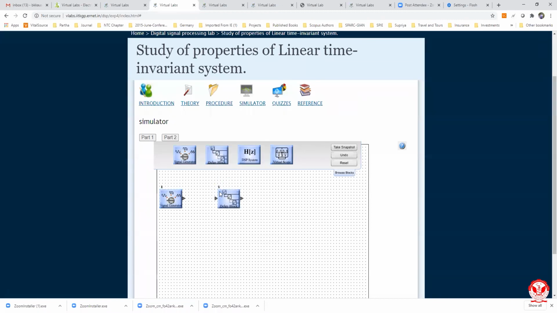This is delay. We are delaying by 5. Okay. So the DSP system we select here and place here. We are selecting the first one, yn equal to xn minus 1 plus 2. This is the system that we are selecting here. Okay.